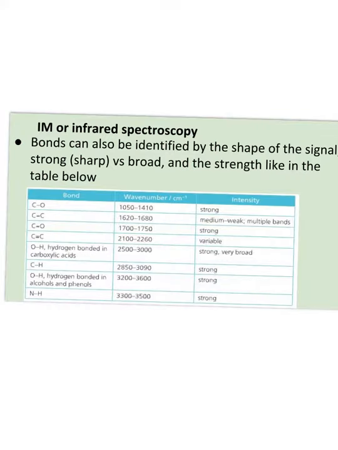Also, it often gives a description of the intensity that you can expect the bond to look like. If it should be a strong intensity, a medium or weak with multiple bonds, you can see there's different descriptors there that are also used in IR evaluation.